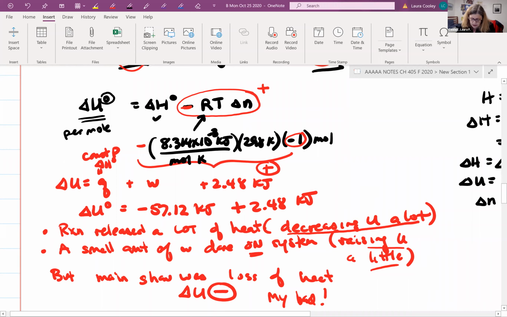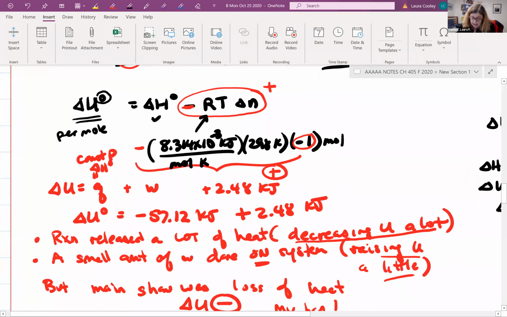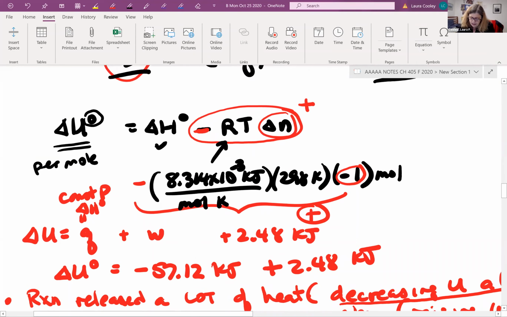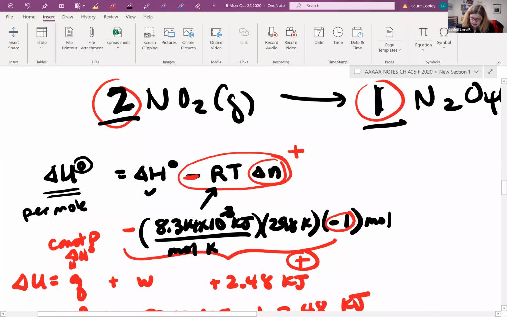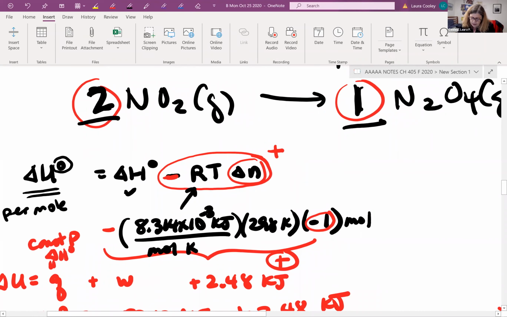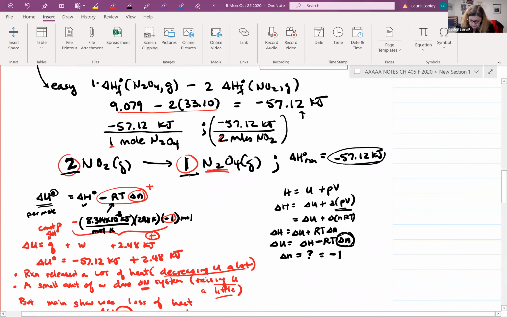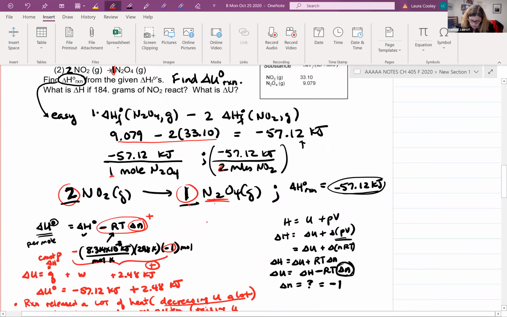So it's fairly straightforward to find the delta U0 from a delta H0, because then it's easy to figure out what the delta N is. You would look at this equation and say, for every 1 mole of N2O4, there's a loss of 1 mole.